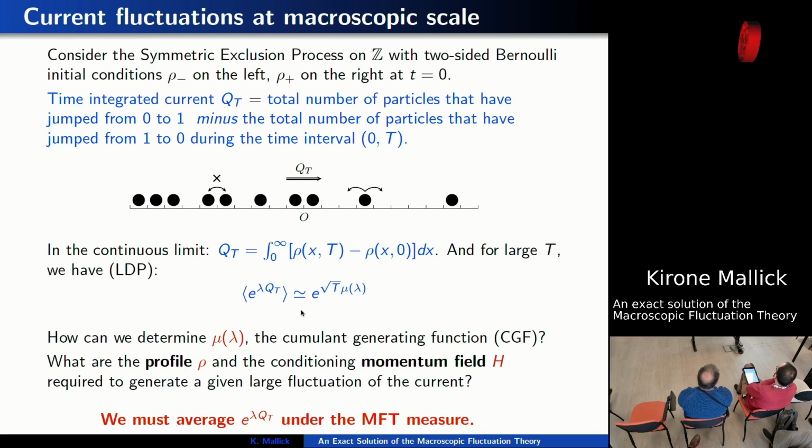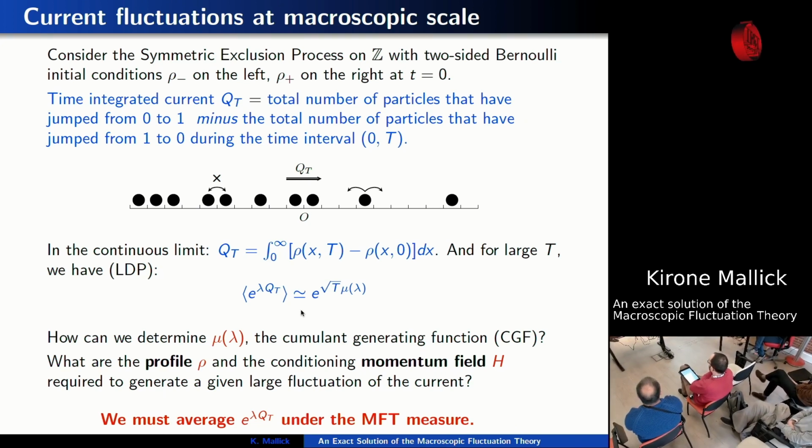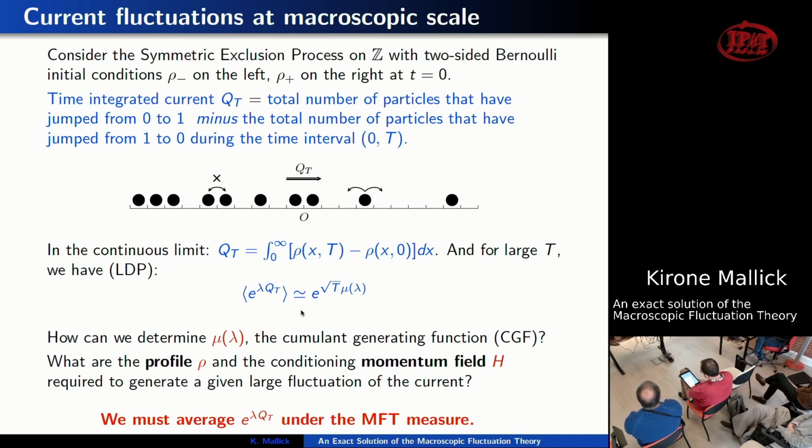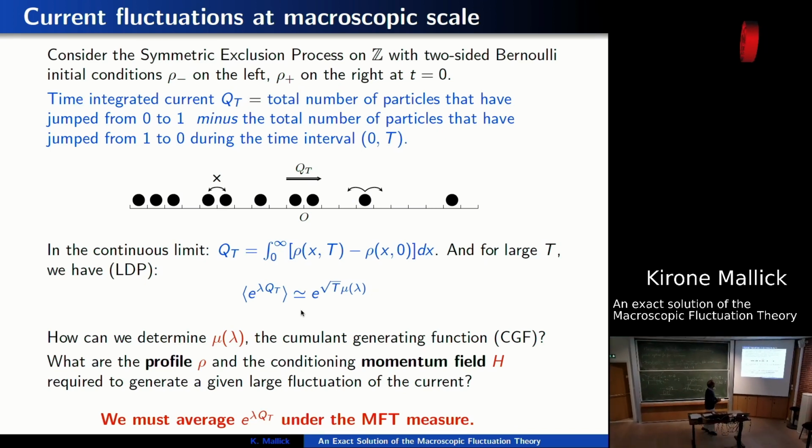And there will be a current flowing through the system, and I want to count how many particles have flown through the origin, positively from left to right, minus negatively from right to left. So that's the total current that has flown through the system between time 0 and t.